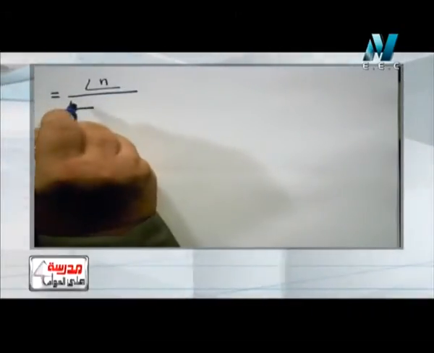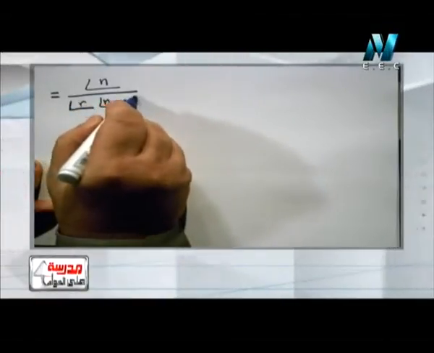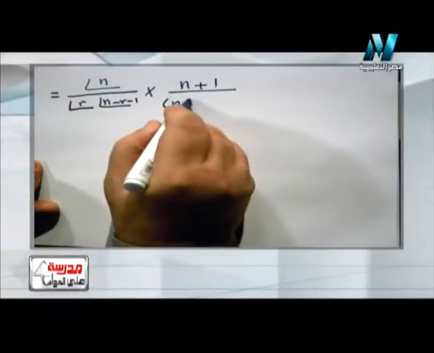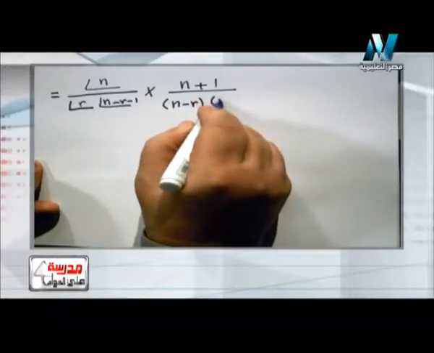Then we write this as factorial N, factorial R minus 1, factorial N minus R minus 1, multiplied by N plus 1 over N minus R over R plus 1. Then it is equal to what?